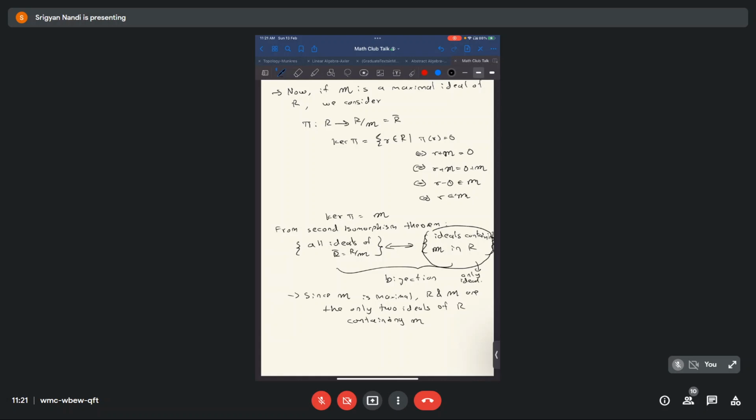And since this set is in bijection with all ideals of R bar, which is R by M, that implies R bar has only two ideals. And F has only two ideals implies that F is a field, as we proved in the beginning. So this means R bar is a field.